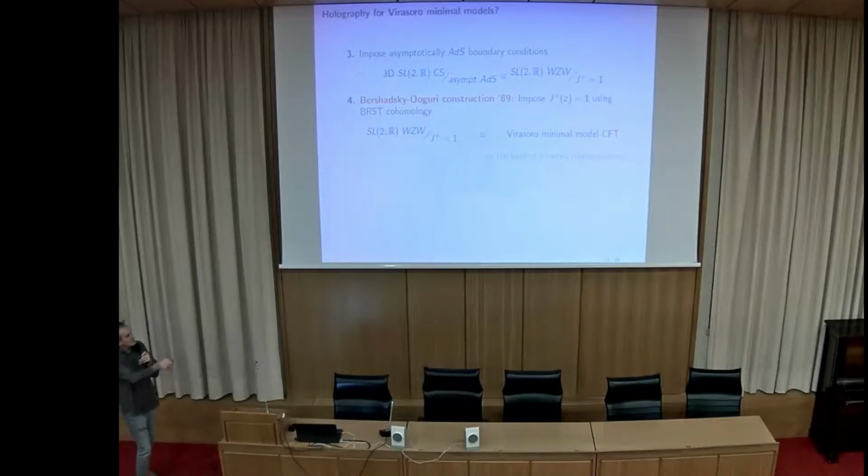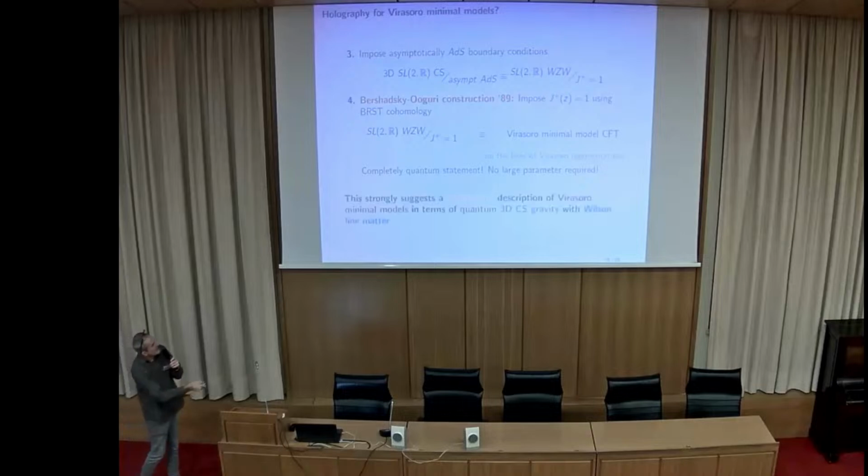So going back, this suggests that there should be a description of Virasoro minimal models in terms of some quantum three-dimensional Chern-Simons with some Wilson line. Yes?